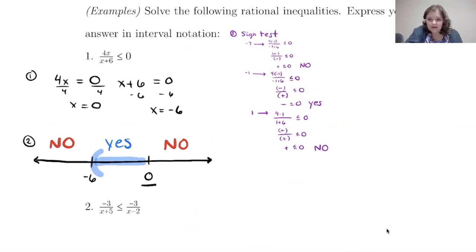So that means that the way we figure out what endpoint to use, we have to look at this inequality. So since that is an inclusive inequality, we want to make sure that we include our point 0, and so that gets a bracket.